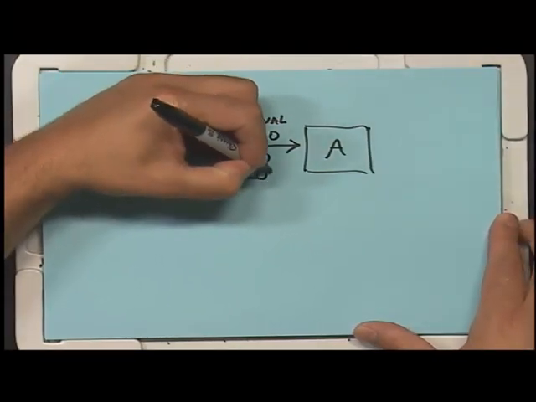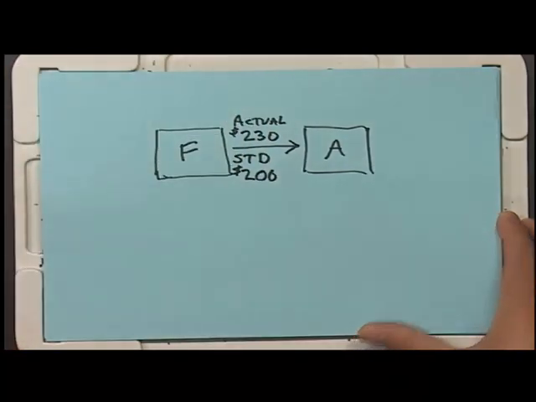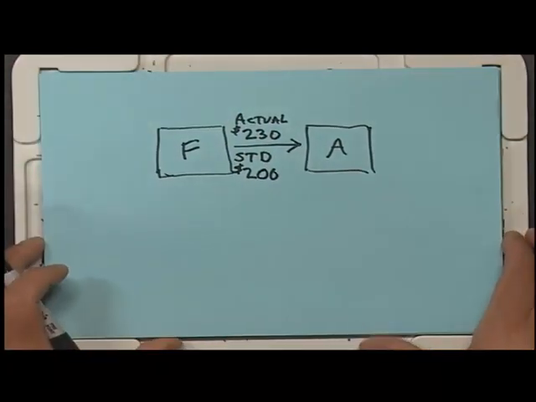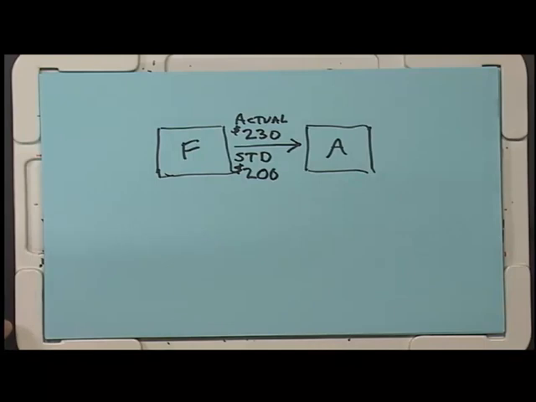And it should have cost $200 to make these parts. And so the question now is, how should we account for this transfer? Should we send the dollars along at what it actually cost to make the parts, $230, or what it should have cost to make the parts according to the budget, $200?